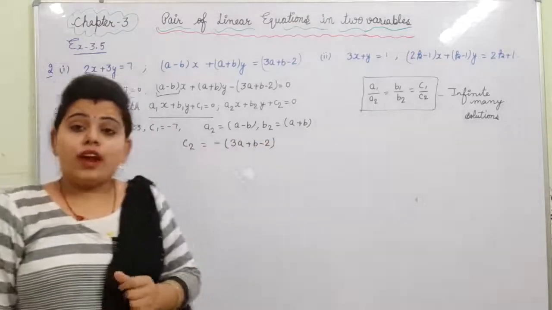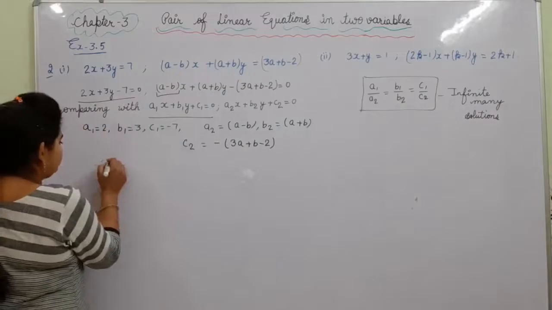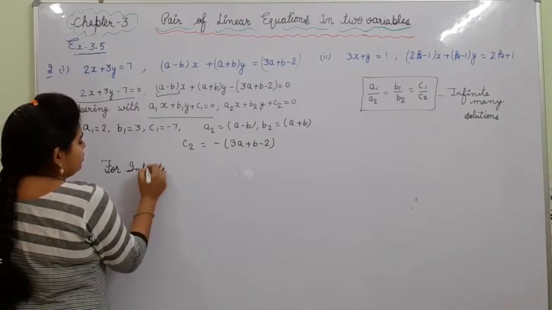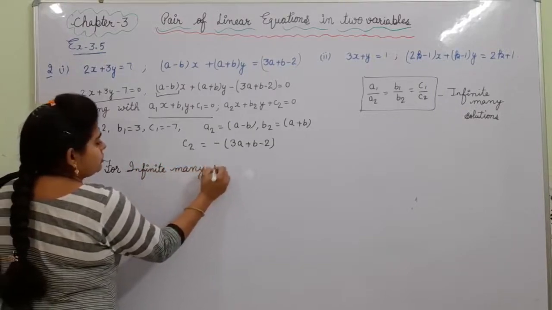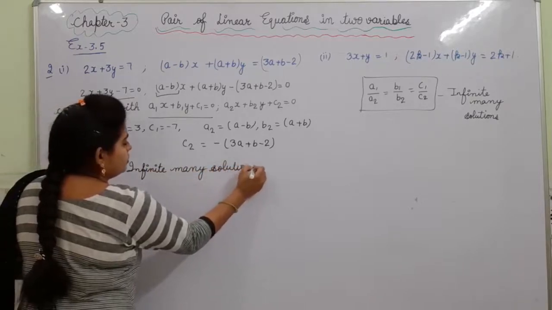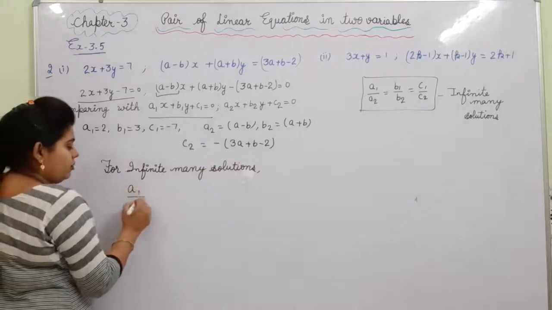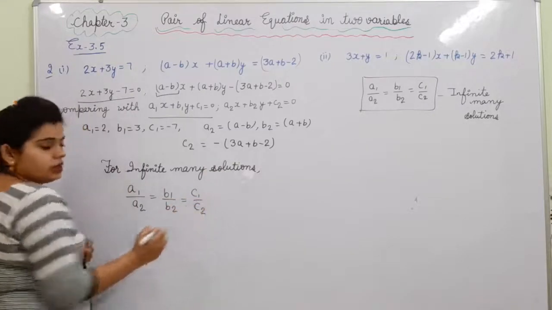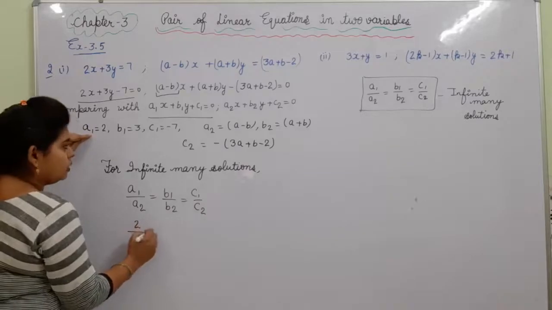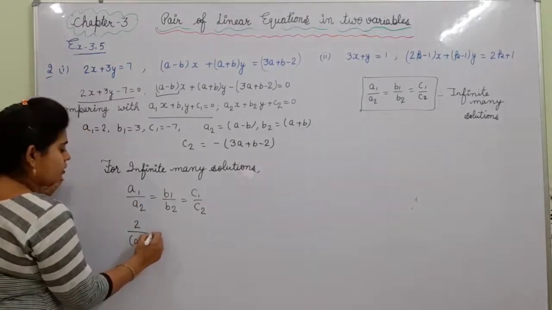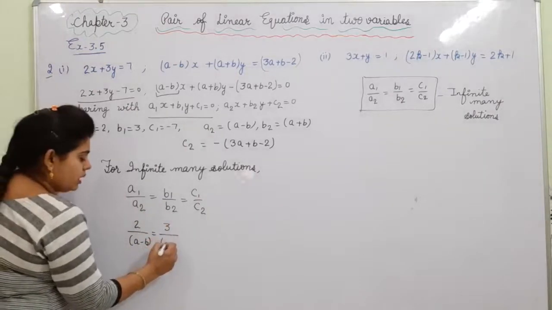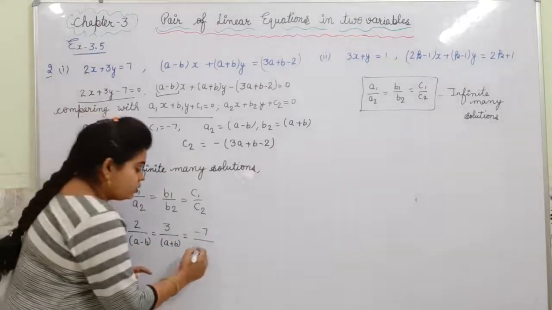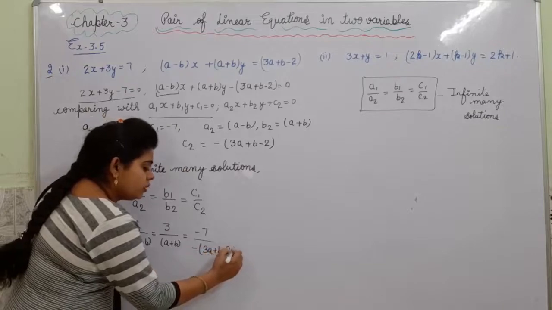Now what is given? Infinitely many solutions. So for infinitely many solutions, what is the condition? a1 by a2 is equal to b1 by b2 is equal to c1 by c2. a1 is 2, a2 is a minus b, b1 is 3, b2 is a plus b, c1 is minus 7, c2 is minus of 3a plus b minus 2.